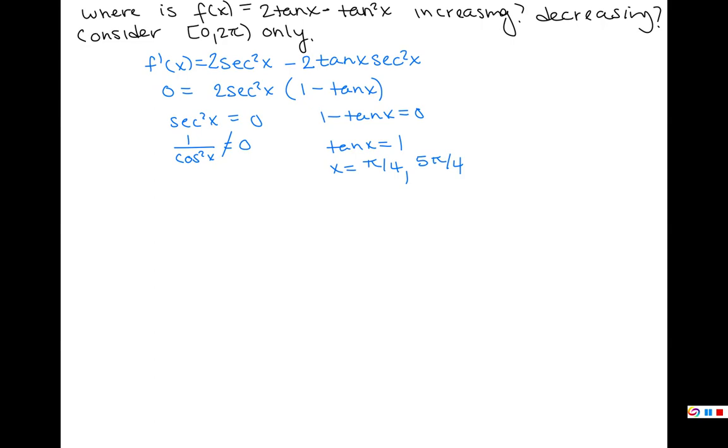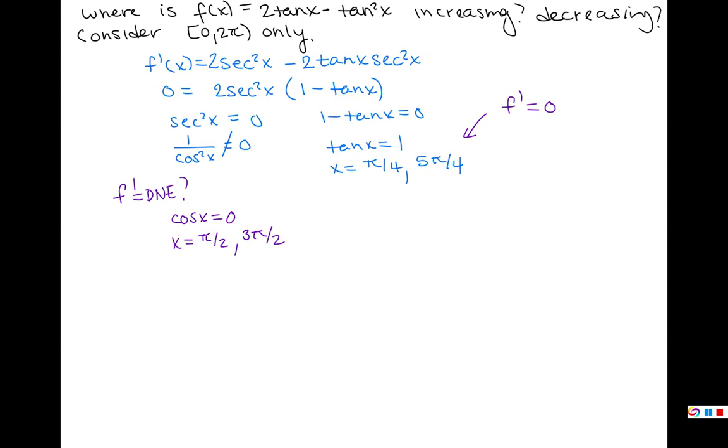Now I also need to think about, are there places where my derivative does not exist? And so to do that, I'm going to set denominators equal to 0. We have both secants and tangents in this problem.